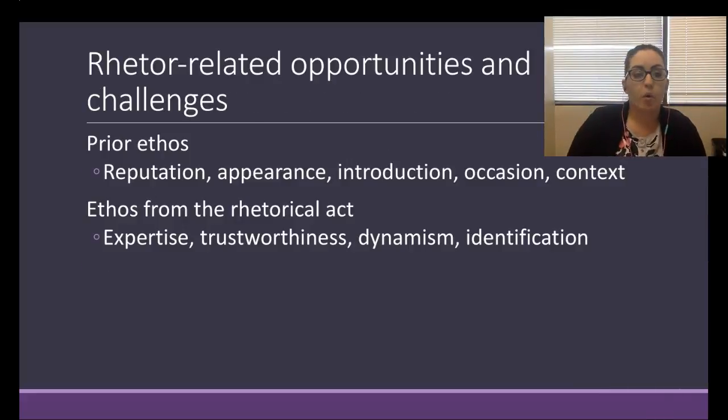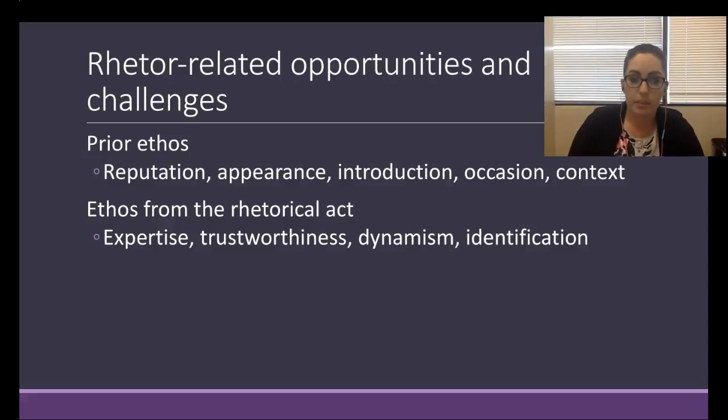As we also go forward, it's important to look at rhetoric-related opportunities and challenges. And what this tells us in the text is this gives us some insight, particularly on pages 234 to 238, about opportunities and challenges that arise for you when delivering your message. So remember, prior ethos is very important. Your reputation, appearance, your introduction, occasion, context play a huge role in how your message is received, as well as ethos from the rhetorical act itself.